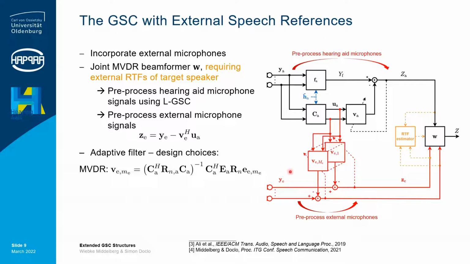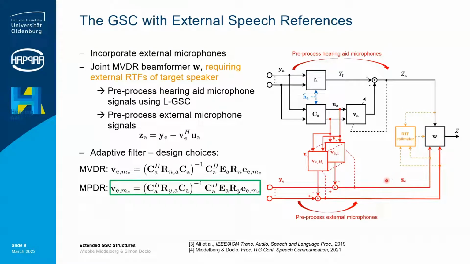But in our case, as we specifically aim at reducing the interferer in the preprocessed external microphone signals, we propose to use an MPDR implementation. But again, we have to pay attention here that in the case of an RTF vector mismatch of the a priori RTF vector, we might encounter speech leakage. In this case, the adaptive filters might actually also cancel target speech components, which would be undesired.